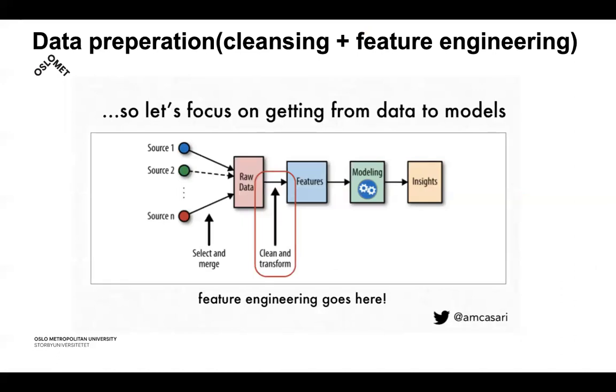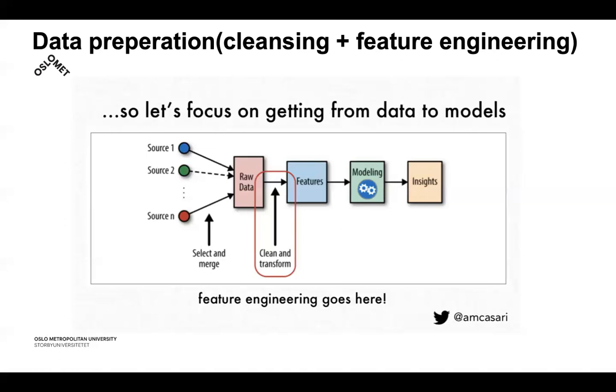So what happens when you are done with the feature engineering? That's how the image starts. On the left-hand side, you have your data sources, that's raw data. You do some data cleansing on them. Once data cleansing is done, you then apply some feature engineering on it, which is also the clean and transform part.